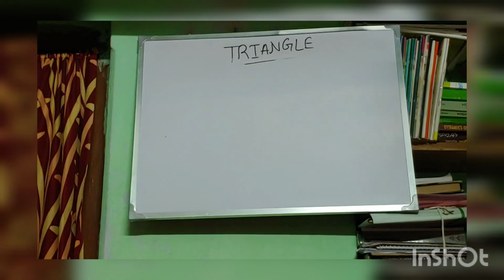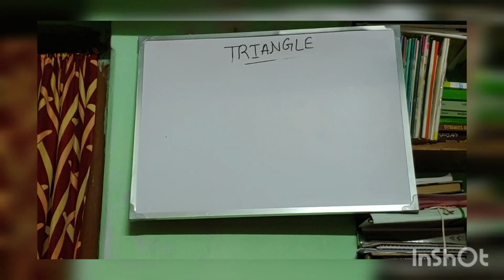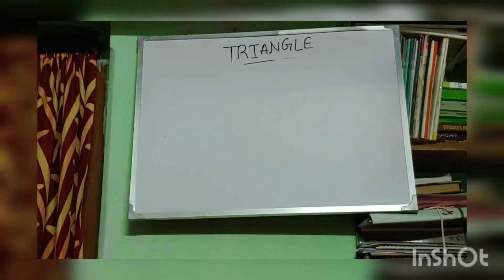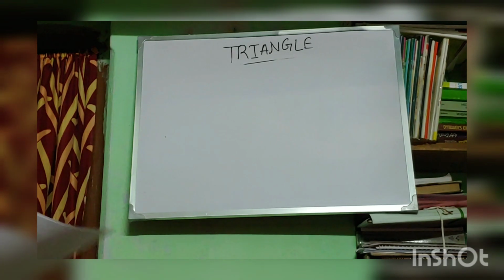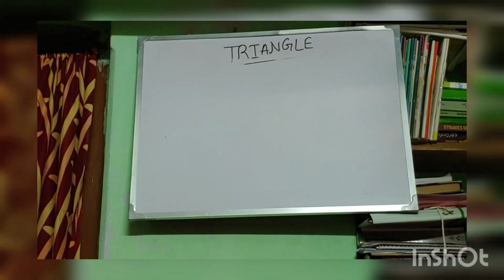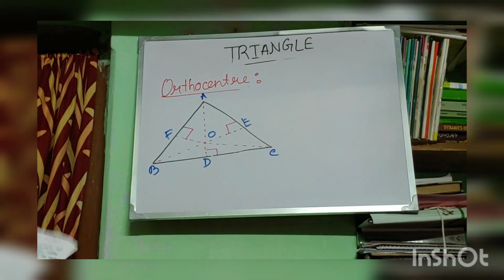Now we will come to the new topics, new terms which we have to understand, which terms are connected to triangle. So let us start with the first, that is orthocenter. So what is orthocenter?